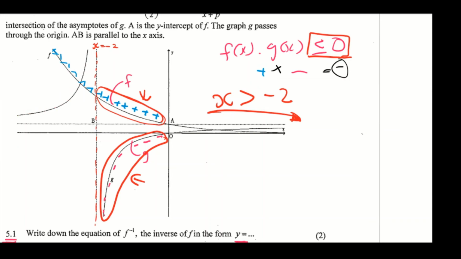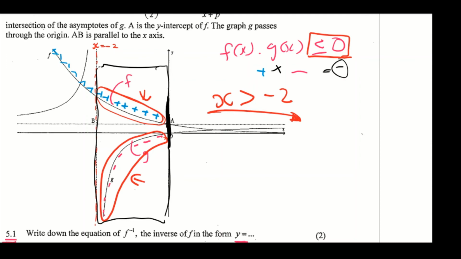Another solution of x would be, you need to remember that after this point here, everything within this point here is correct. So if you say x is greater than -2, it's correct.